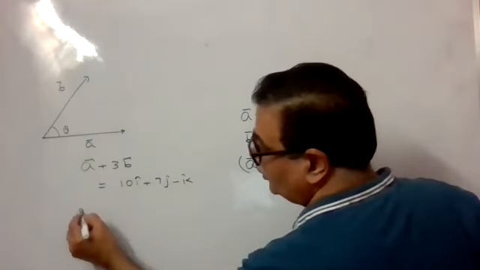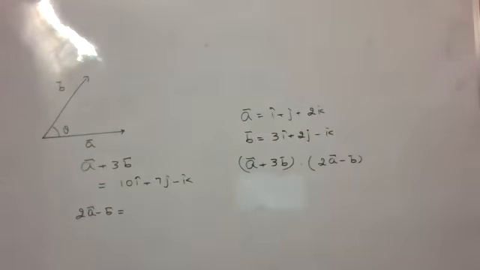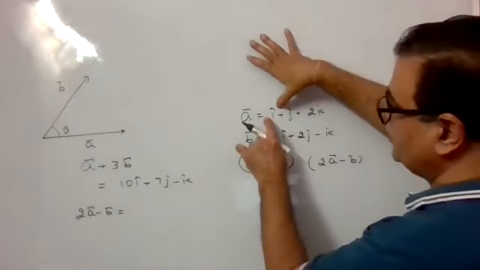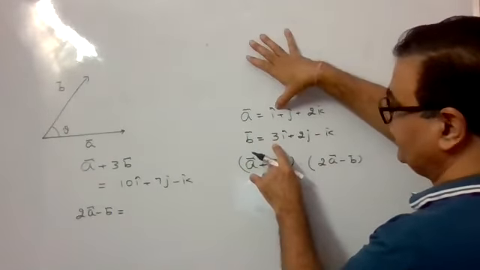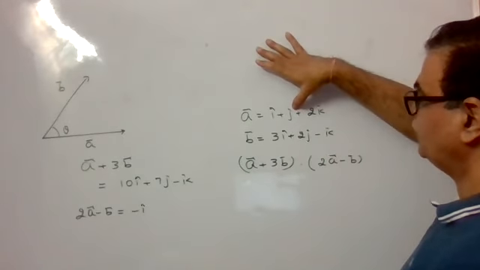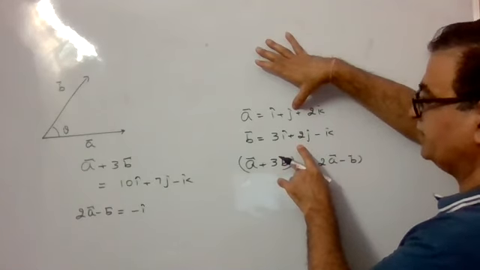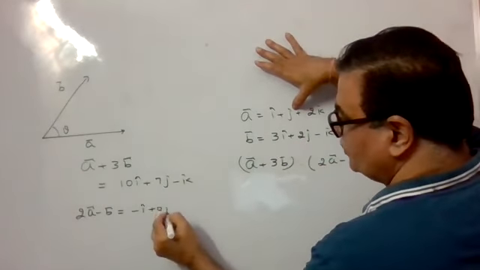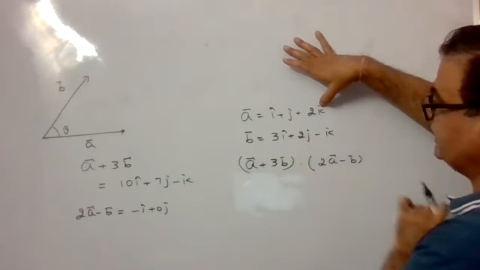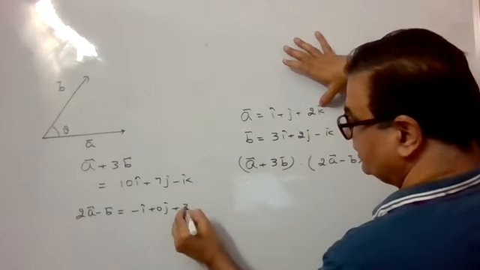Then I go for 2A minus of B, so twice of this. So it will be 2i minus 3i, that will come out to be minus of i. Then 2j minus 2j, so it will be 0j. Then this will be 2 minus minus plus, so 2 plus 1, 3k.